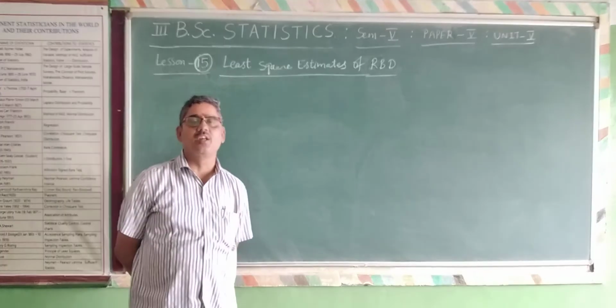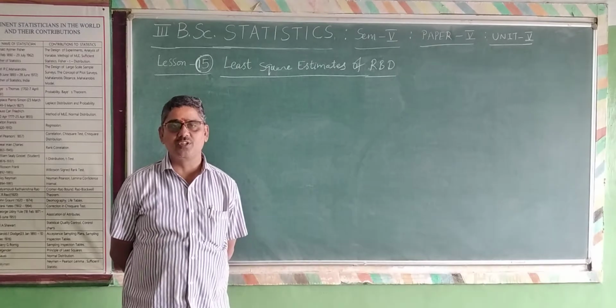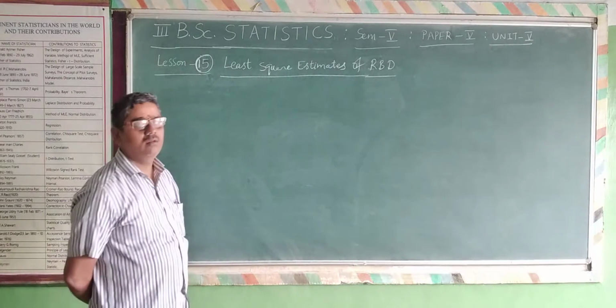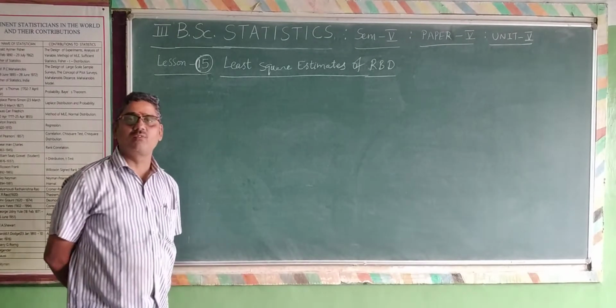For which you consider the error component E, the sum of the squares of the residuals, and then by using the principle of least squares we estimate the parameters mu, alpha i and beta j.